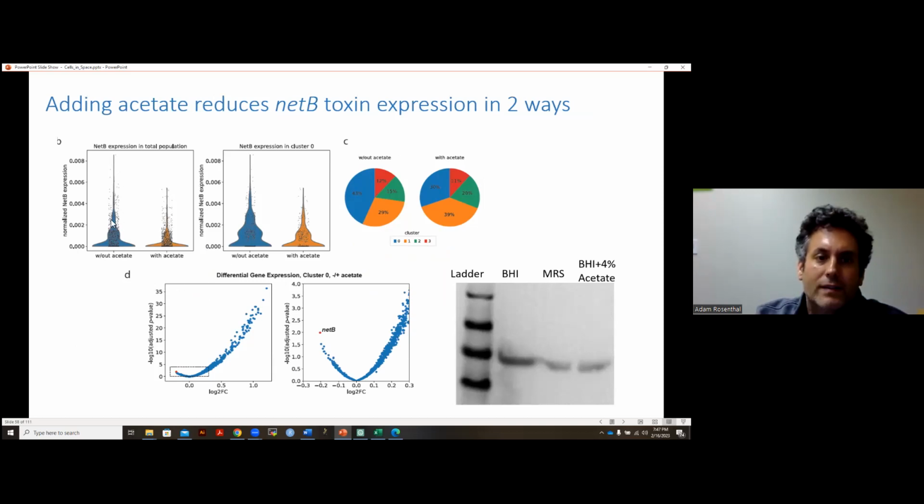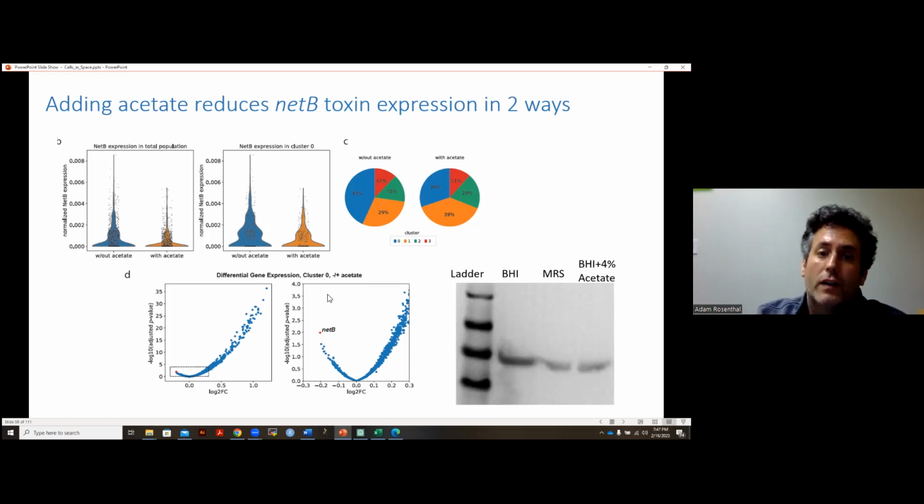If we give more acetate to the total population, the NetB level goes down. There's a high level of NetB and then it drops. Even more importantly, in the cluster of cells expressing NetB, that gene expression goes down. You can see that the most differentially downregulated gene in this entire cluster is NetB.